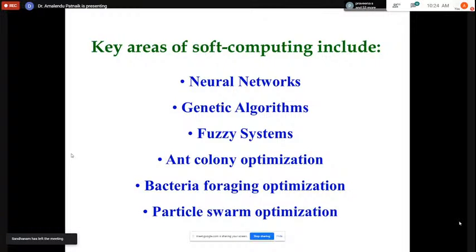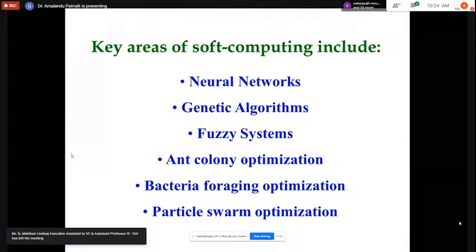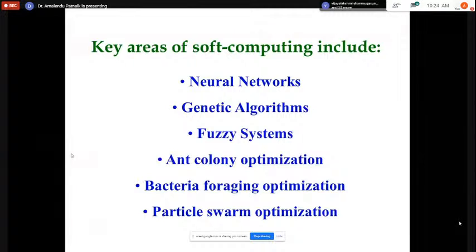And nowadays, most of these particular techniques you will find as toolboxes in MATLAB and other RF simulators also. Most of the present day RF simulators are coming with these optimizers, right?